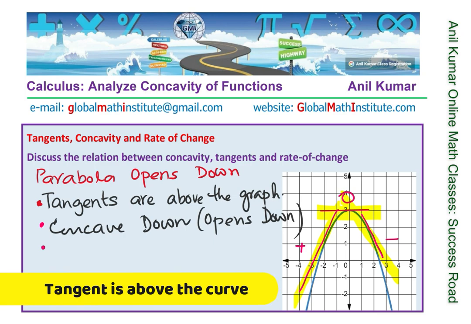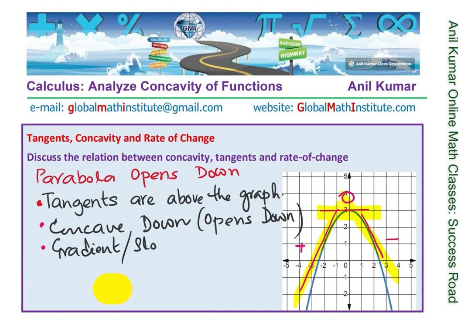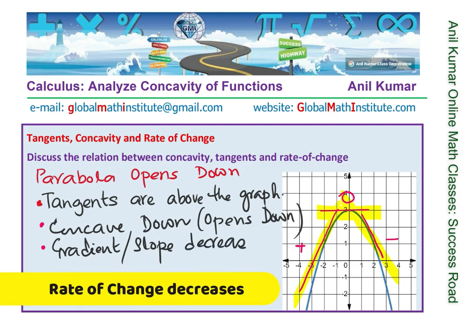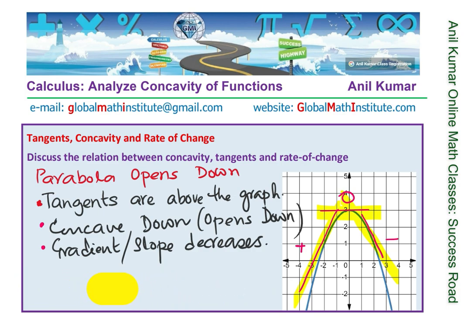So we do notice that the gradient or slope or rate of change from positive to negative decreases all the way, right? Decreases all the way. So in earlier case, we saw when it was concave up, it was increasing. Now when it is concave down, the gradient or the tangent is always decreasing.